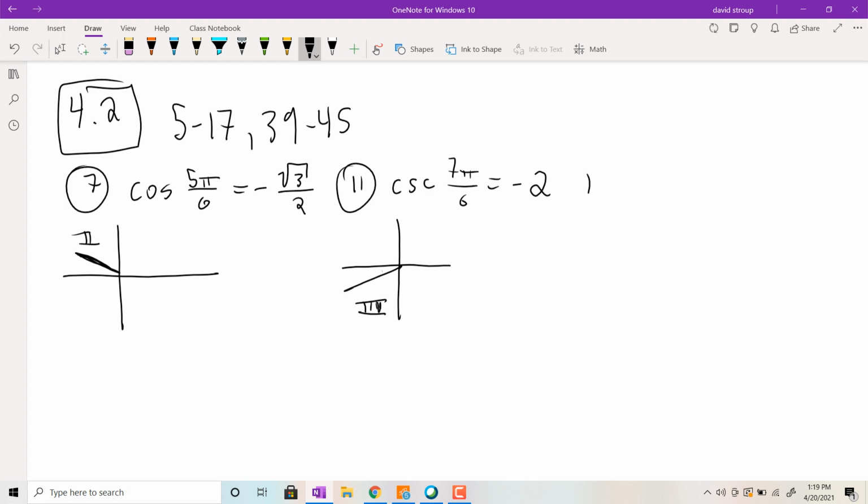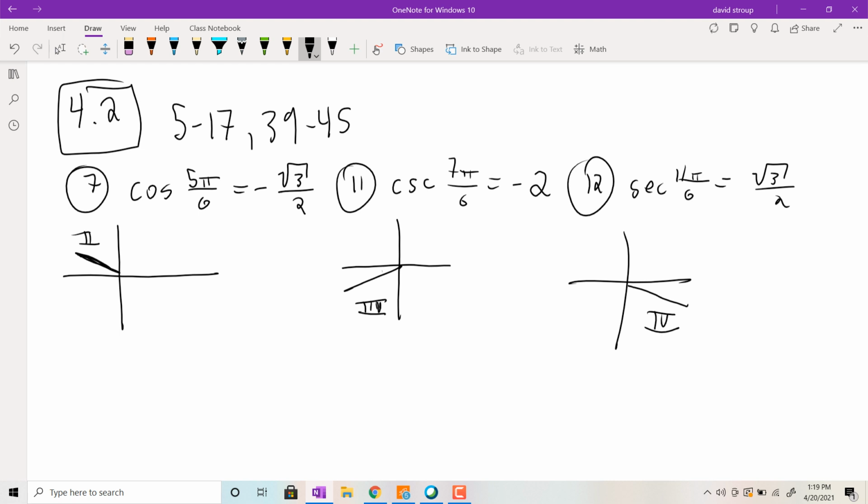Okay, let's get another one. Secant of 11 pi over 6. Secant is 1 over cosine. The reference angle is pi over 6, so this is root 3 over 2. Whereas 11 pi over 6 is 1 less than 2 pi, right? So it would be in the fourth quadrant, and therefore it's positive.